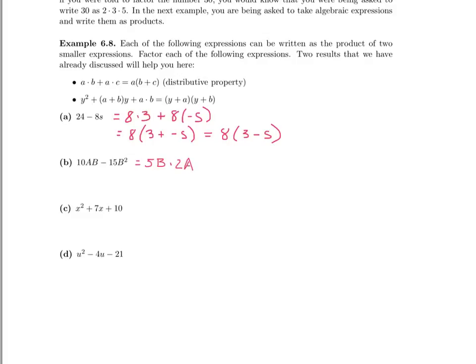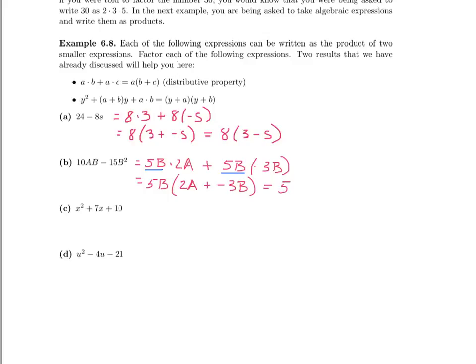And you can check, if you multiply this back out again, you get 10ab. Plus, now I will extract the 5b from the second term, and that leaves a negative 3b. Again, if you multiply this out, you see that you get a negative 15b squared. So now we use the distributive property because we've identified what our common factor is. So we bring that out in front, 5b, and then we're left with 2a plus a negative 3b.